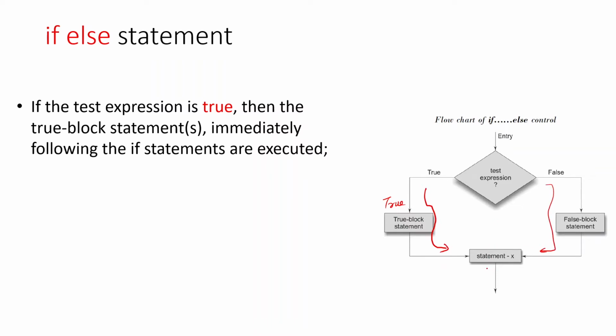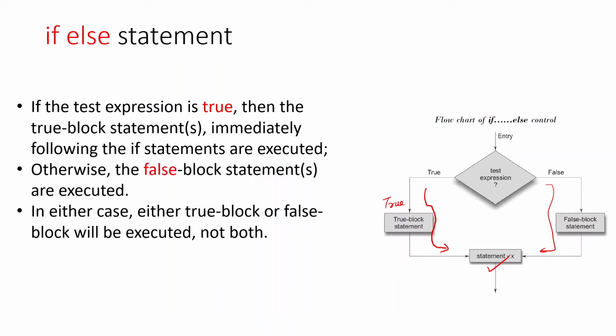But true or false, statement X will be executed. And another thing is, both true and false will never get executed. Why? Because when an expression is verified, it can take either 0 or 1. If it is true, it will take the value 1, or if it is false, it will take the value 0. So both paths will not be taken. Either the true block or the false block will be executed, but after that, it will go to statement X.